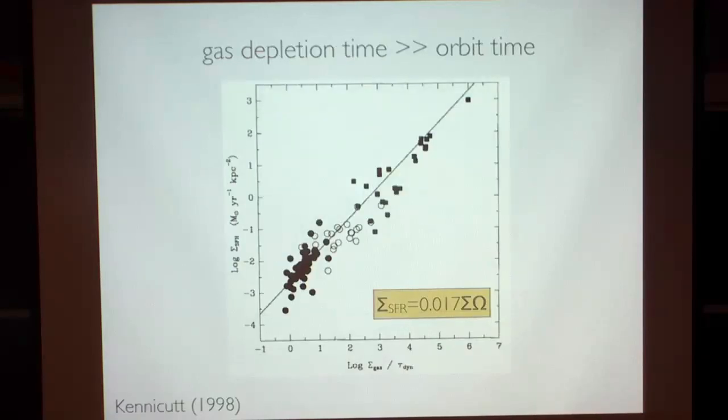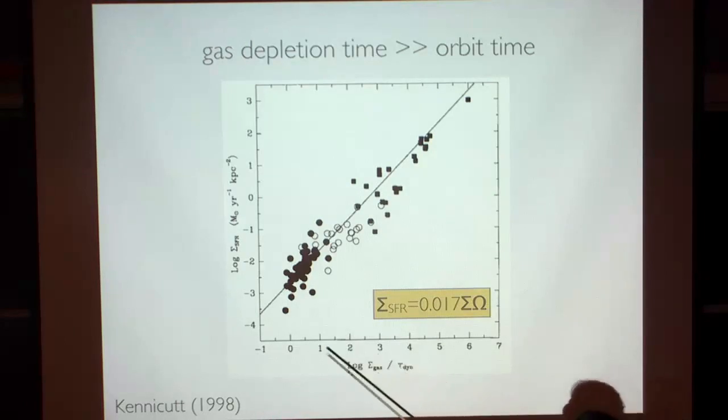Another plot showing this low efficiency comes from galactic observations. All dots here represent entire galaxies, so it's an average over the entire galaxy.